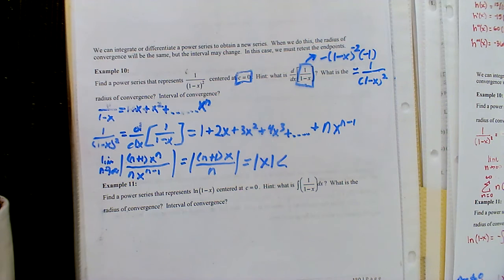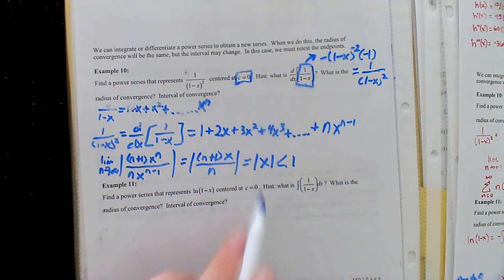And again, with the ratio test, we want that less than what? We want it less than 1.